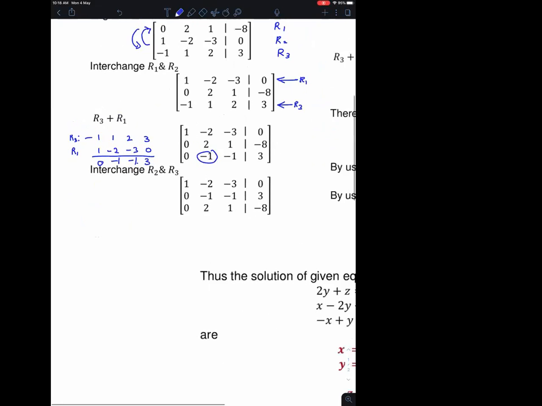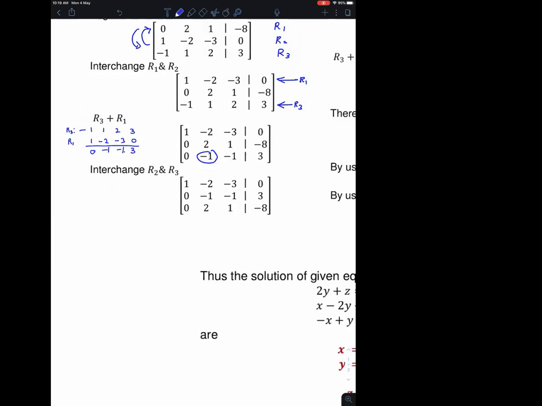Now the next step is interchanging. You're going to interchange row 2 and row 3. That means you're going to replace row 2 with row 3 and row 3 with row 2.